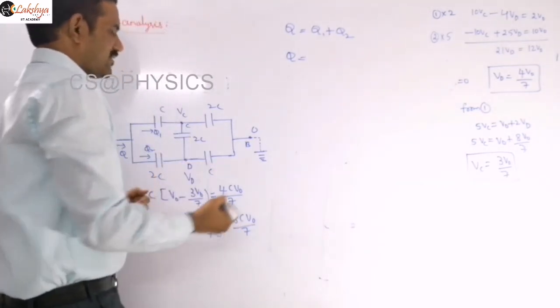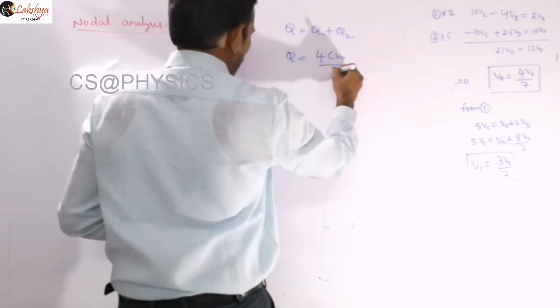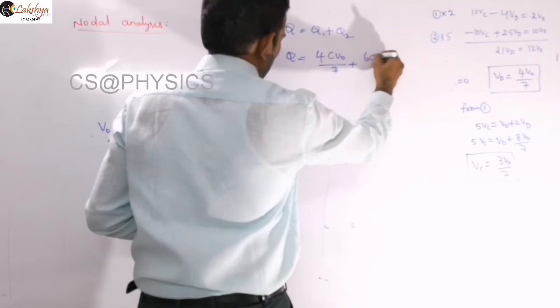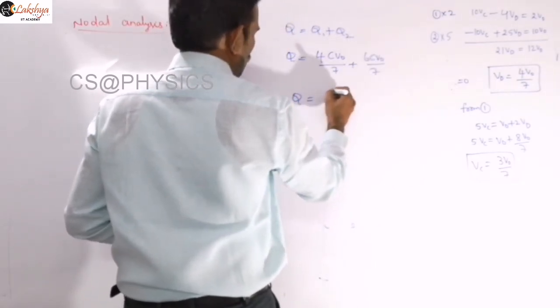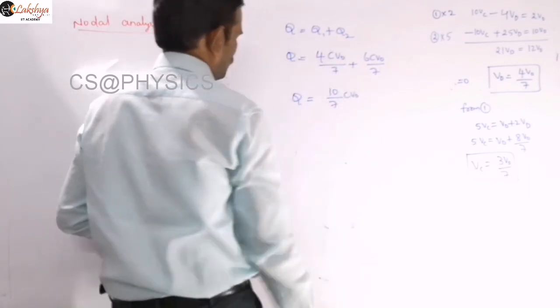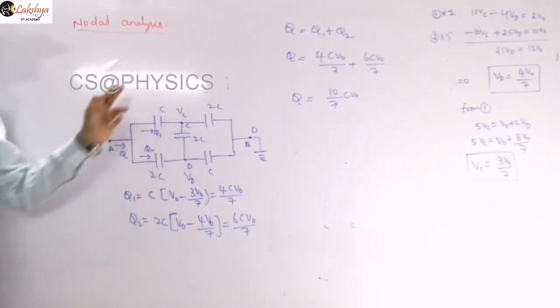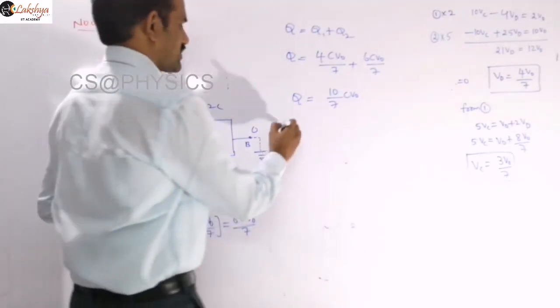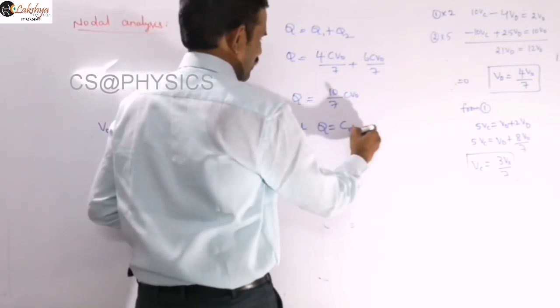So then let us add these two values here. So 4 CV naught by 7 plus 6 CV naught by 7. So Q is equal to 10 by 7 CV naught you can write. But this Q value we can write as, if C effective is the total effective capacitance, then Q is equal to C effective into V naught.